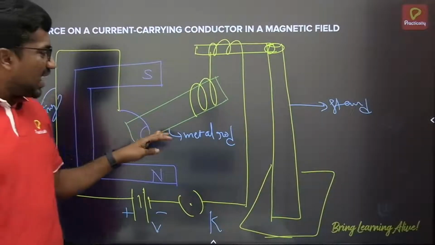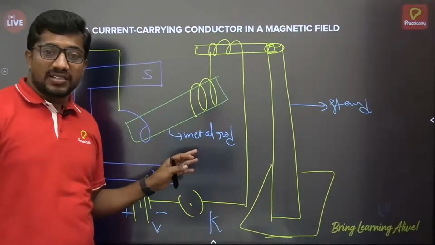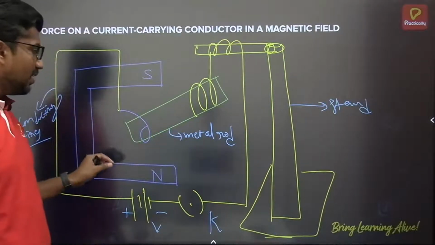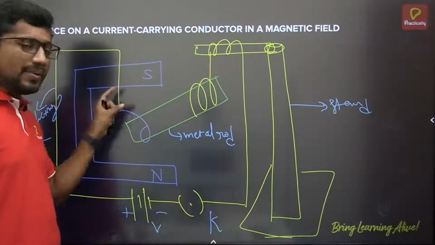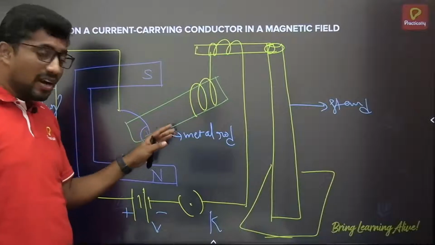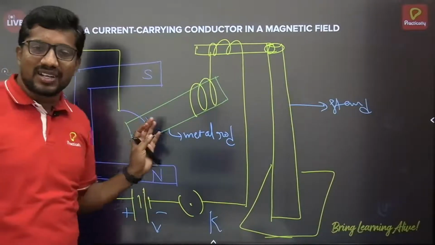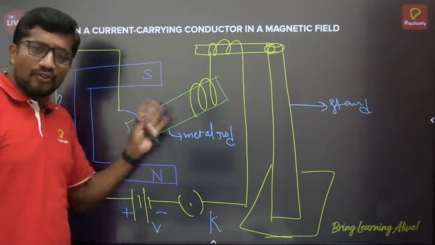So see here, when this current carrying conductor is placed in the presence of a magnetic field, then it will deflect. That means this metal rod will move either left or right, depending on the direction of flow of electric current.